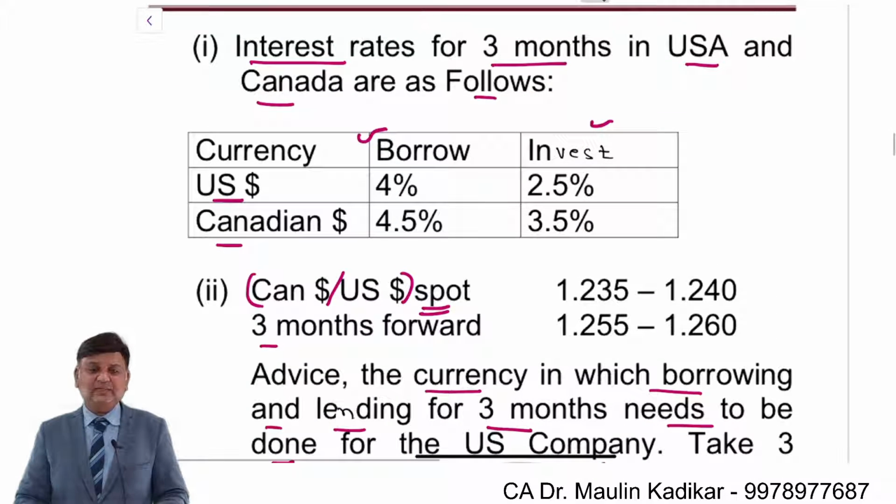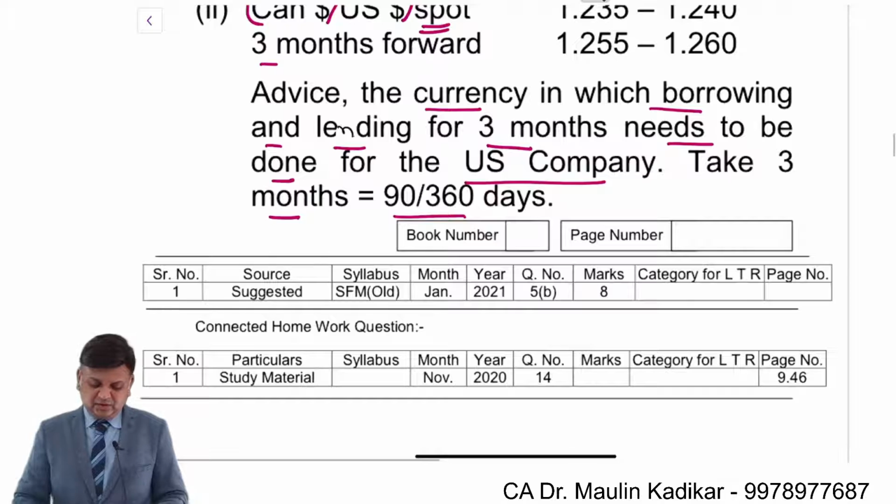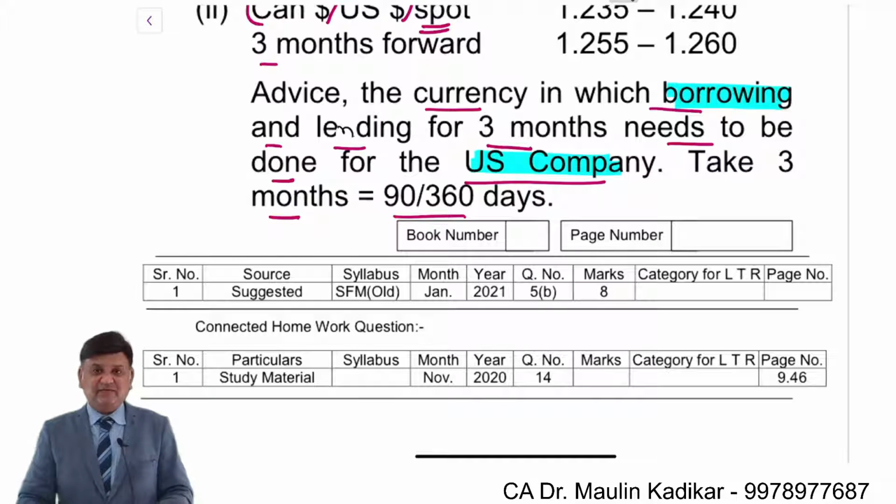So the question asks that if there is a US company considering borrowing, in which currency should it borrow? Should it borrow in Canadian dollar or in dollar currency? And if it is considering making an investment, should it invest in Canadian dollar or in dollar currency?